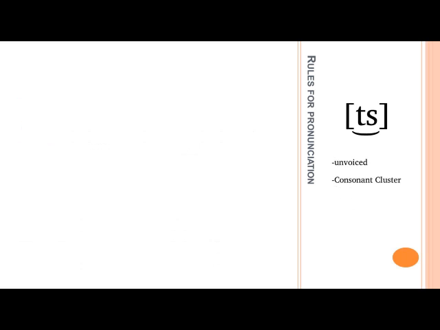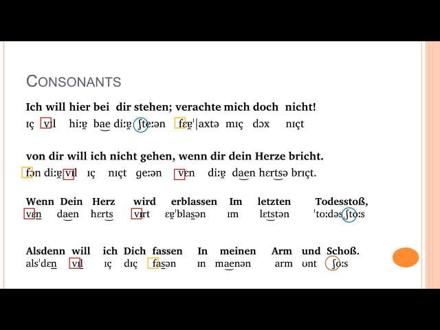This next one is ts, and it's unvoiced and a consonant cluster. So again, 2 consonants next to each other. And we have a few in our text. And we see them on the second line, second to last word, Herze. Then again on the third line, third word, Herz.